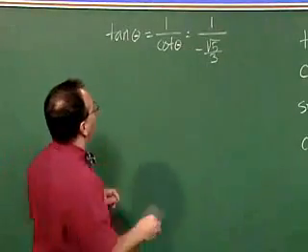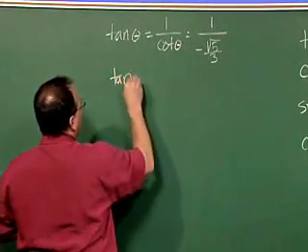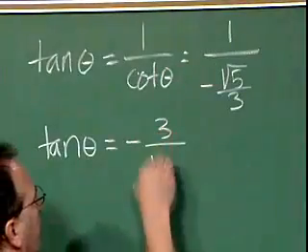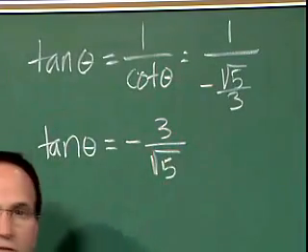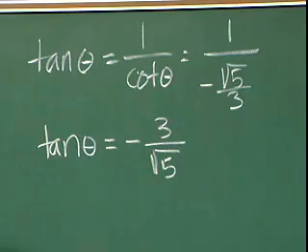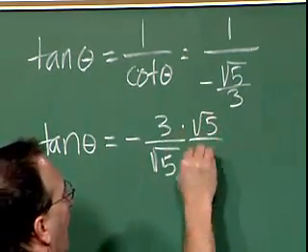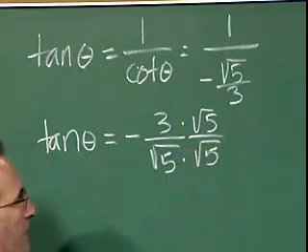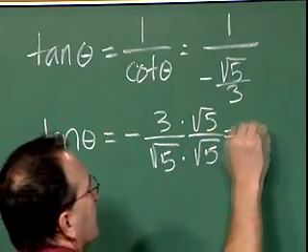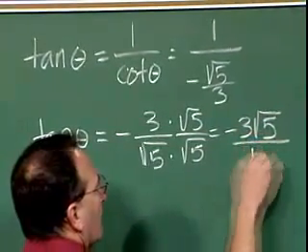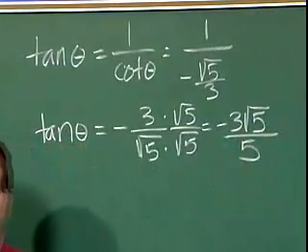So therefore, the tangent of theta will equal negative 3 over the square root of 5. Now we're asked to rationalize the denominator, so we need to multiply both top and bottom by the square root of 5. So our answer is negative 3 square roots of 5 over 5.